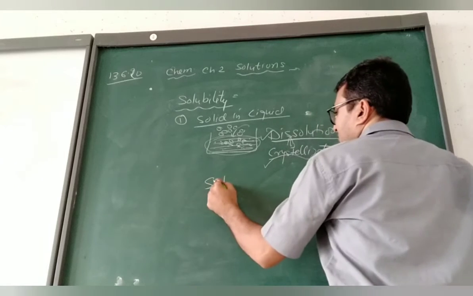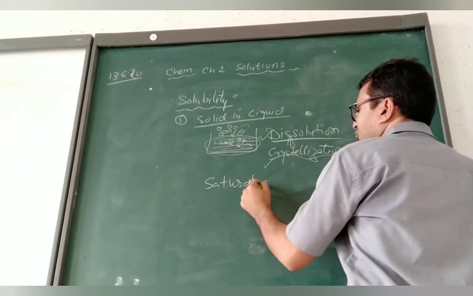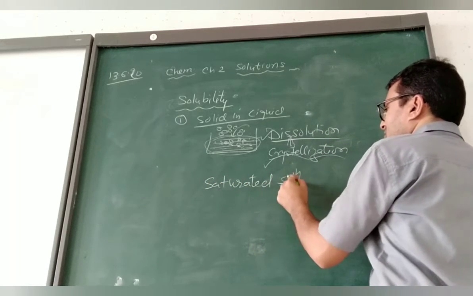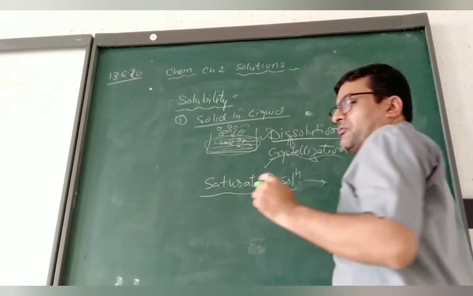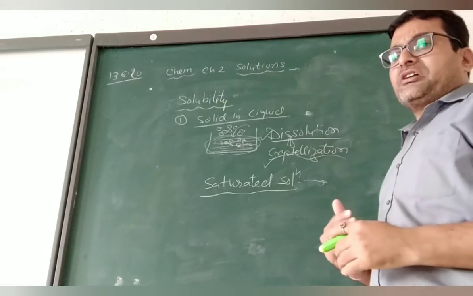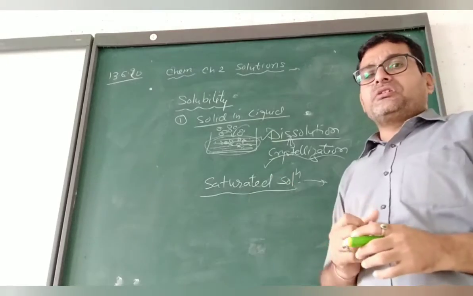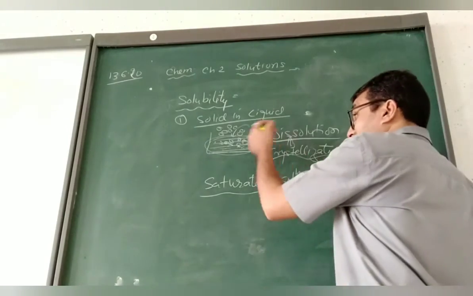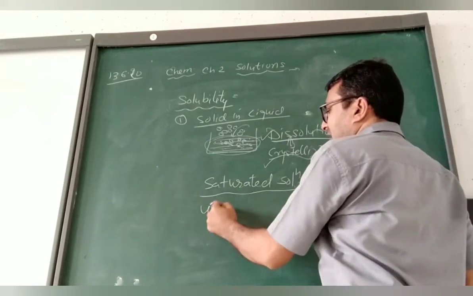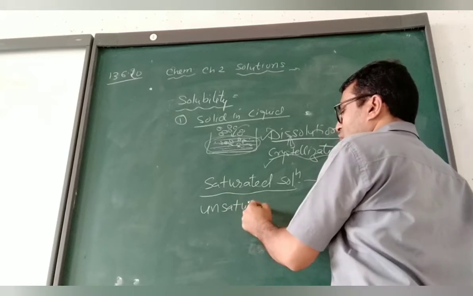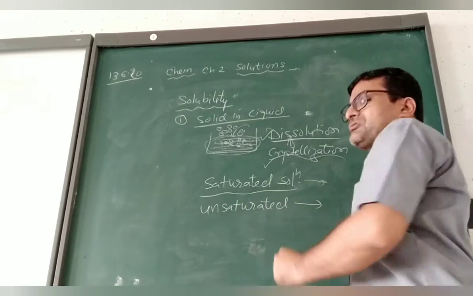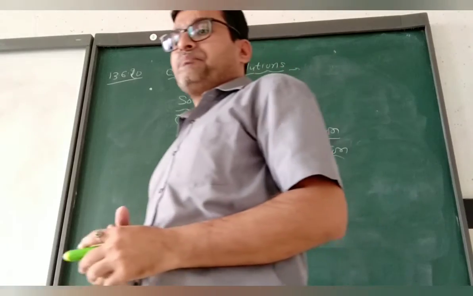We call it a saturated solution. Once the solution becomes saturated, we cannot add more solute to it. If we keep on adding and it can still dissolve the solute, then the solution is called unsaturated.